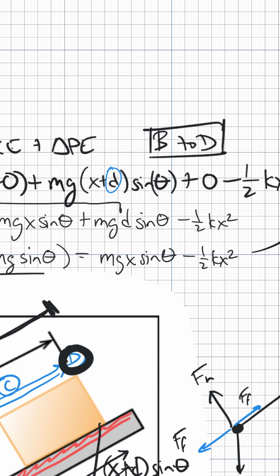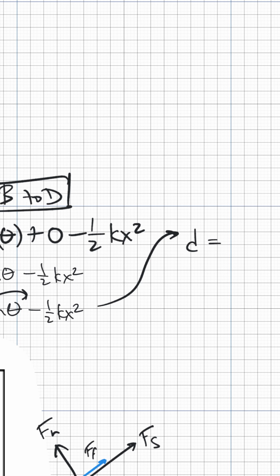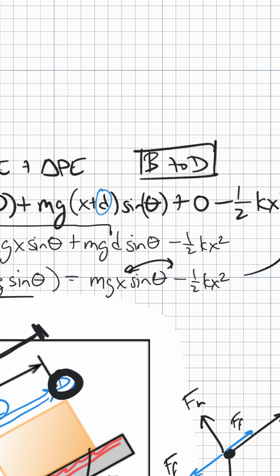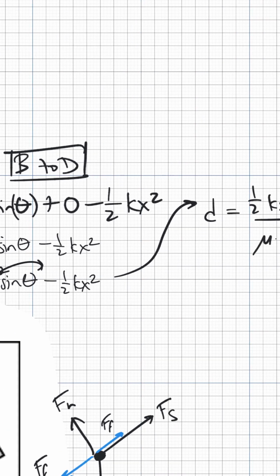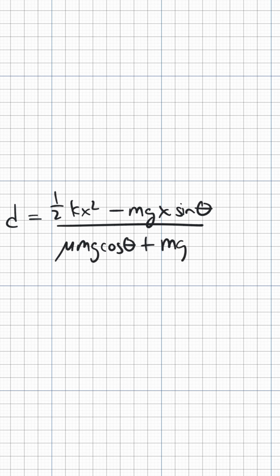So I'm going to put this on the bottom and I'm going to make everything negative, which means I'm going to switch the signs here, right? So on top, I'm going to have 1/2 kx squared minus mg x sine theta divided by mu mg cosine theta plus mg sine theta.